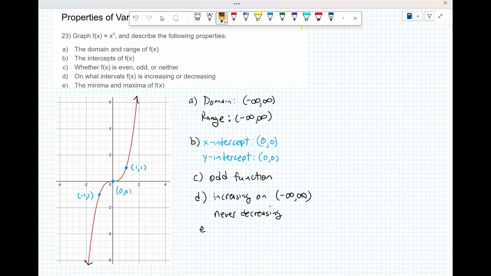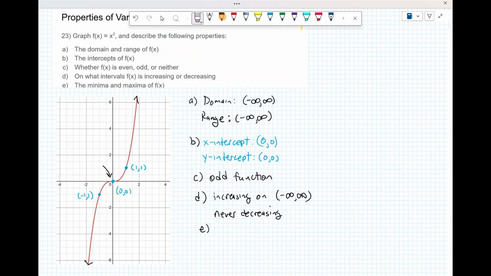All right, maxima and minima. There is no absolute max. There is no absolute min. It keeps going to infinity. And we don't really have any hills or valleys either. We've got this kind of funny point right there, but that's not really a local maximum or a local minimum. It's not quite a hill or a valley. It's something different, right?